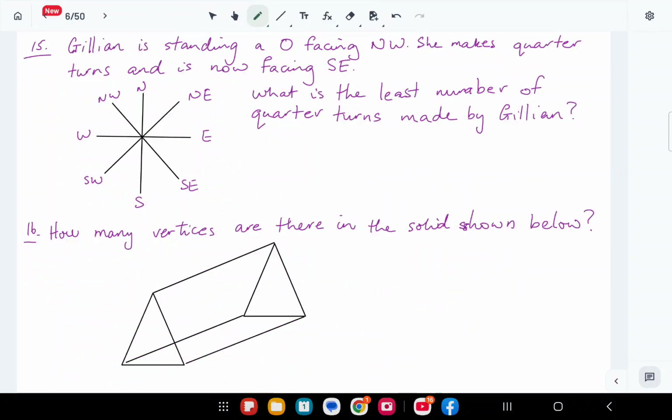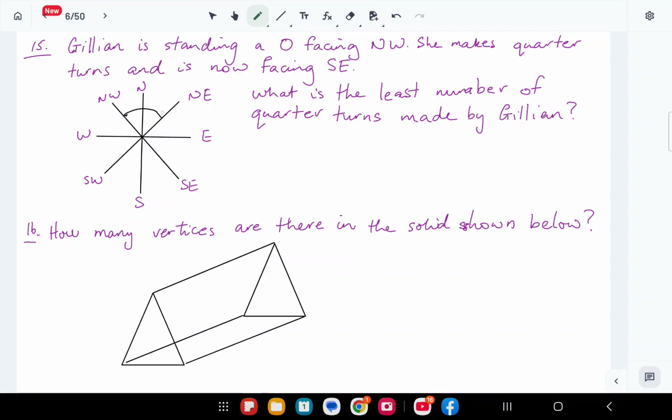Number 15. Jillian is standing on O, which is the origin center, facing northwest. She makes quarter turns and is now facing southeast. What is the least number of quarter turns made by Jillian? So, she's facing here and she turns.